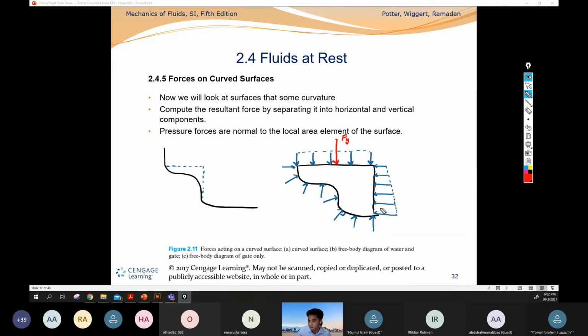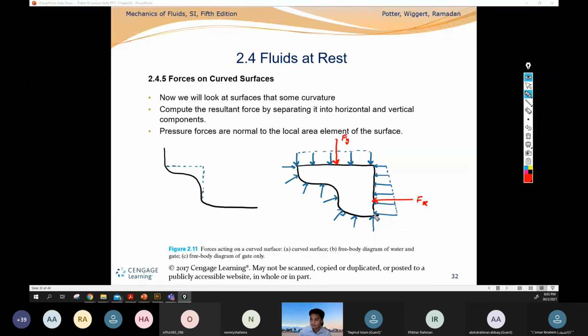Where is the resultant force? It is here at the point P. This is Fx.